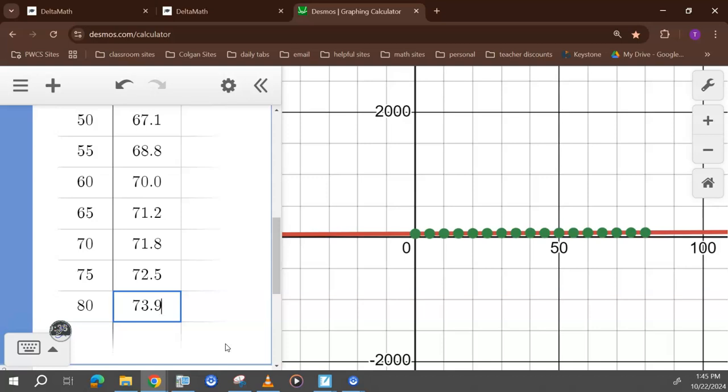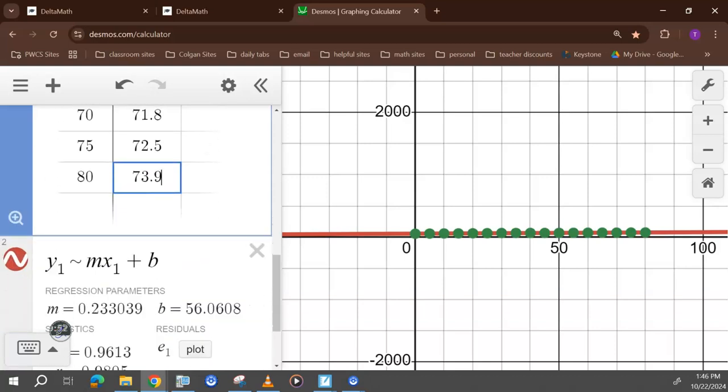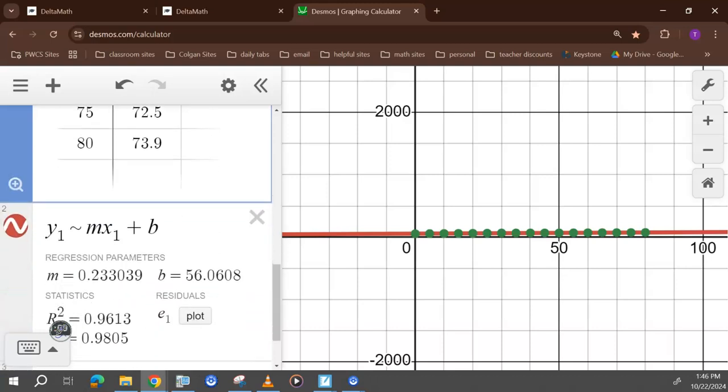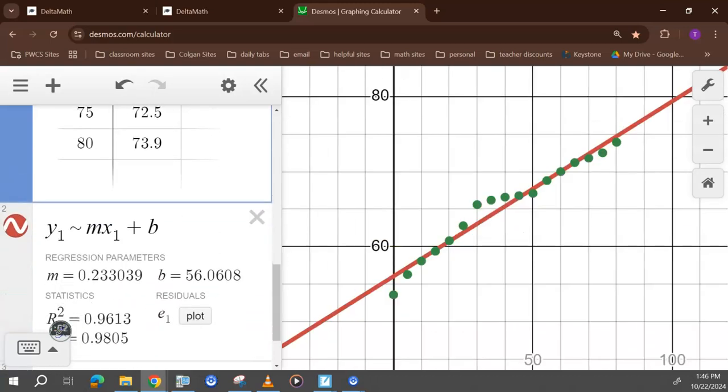If they end in two different places, you most likely skipped a number. Remember, if you hit the little magnifying glass, the plus, it will zoom into your line of best fit.